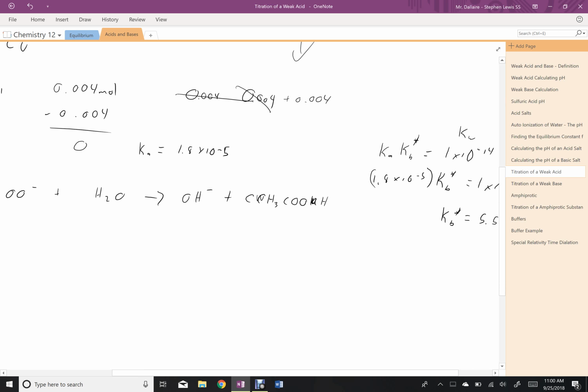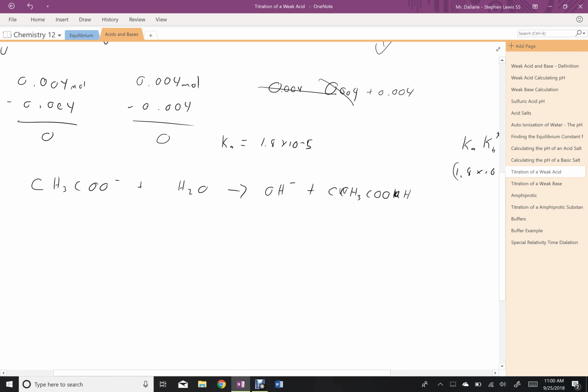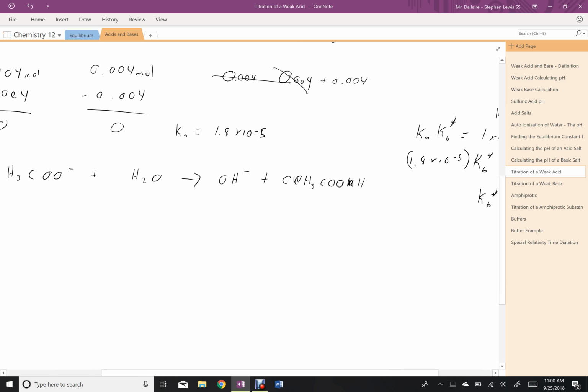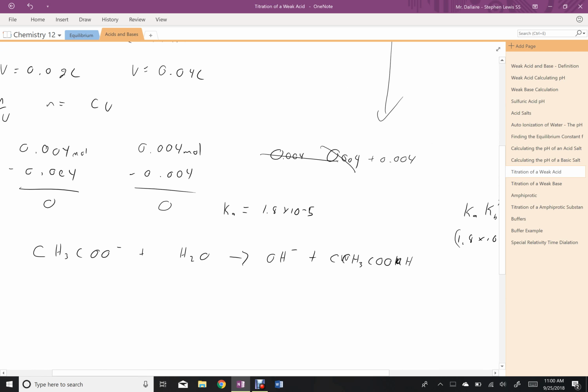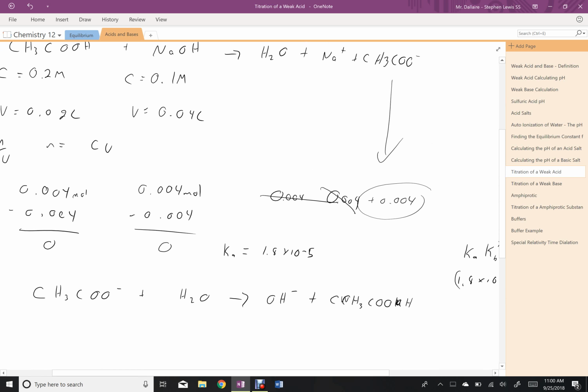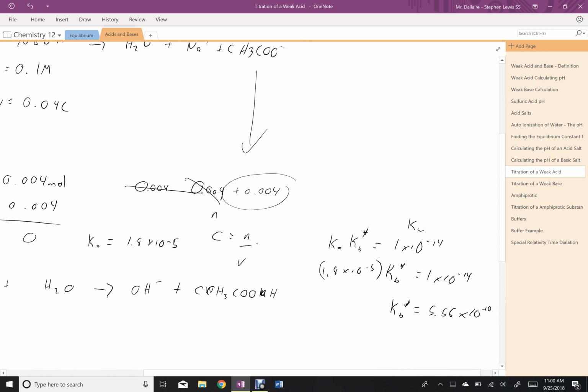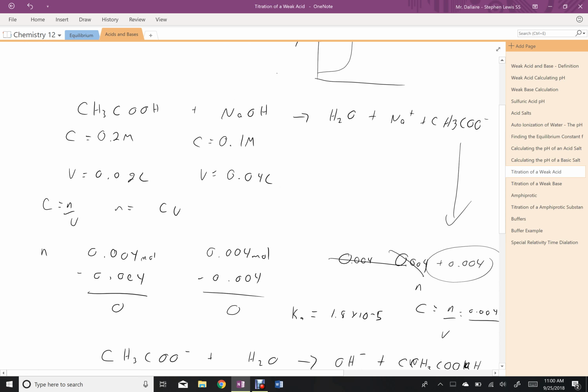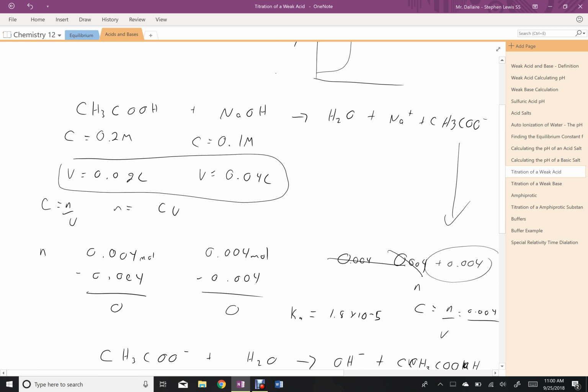Okay, so now I need my concentrations here. I have my K, and before I can do that, I need to be careful, because this is a number of moles, and I need to remember to find my concentration, because that's what I work in when I do equilibrium problems. So I've got 0.004 moles divided by my volume, and I need to be careful here too, because I have this total volume. My volume is going to be equal to 0.02 liters plus 0.04 liters for a total of 0.06 liters.